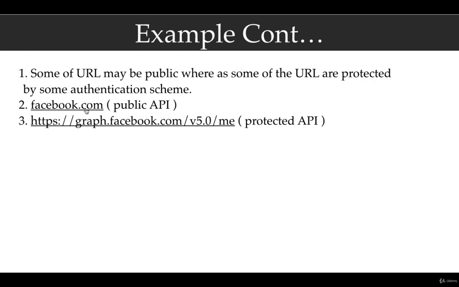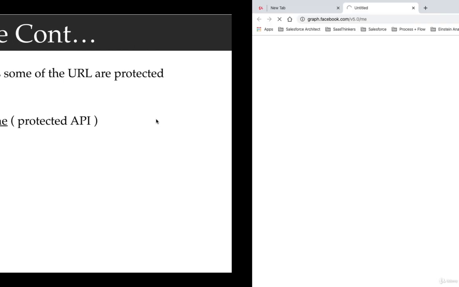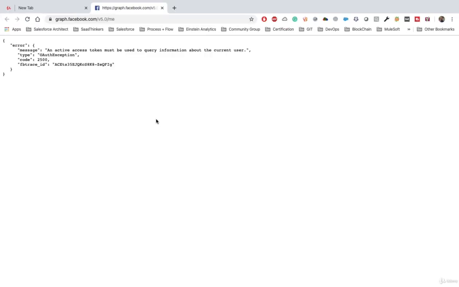But let's try to hit this Graph API of Facebook. If we wanted to get the data for any user, or for one of our friends, how can we get it, because we are not authorized to get the data. For that we have some authentication APIs.